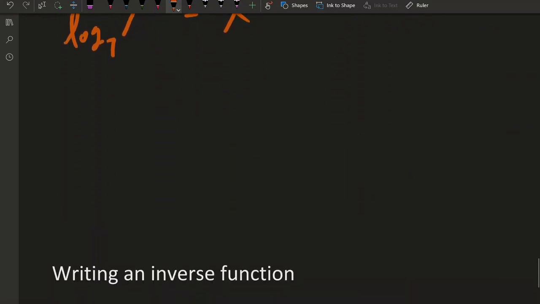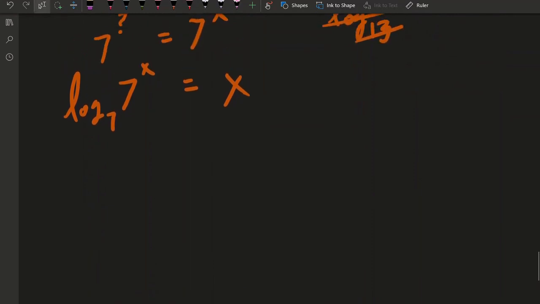In a similar fashion, what if I have 7 to the log 7 x power? In the same way, I don't know what that equals, but I can do this going backwards. So I have 7 to the log 7 x equals question mark.